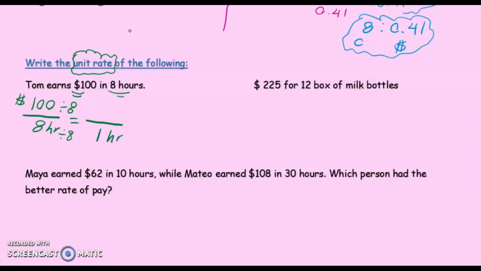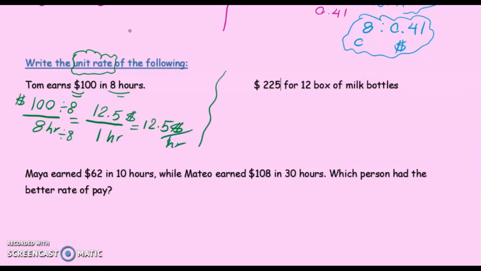And top 100 divided by 8, if you use your calculator or do it in your head, you will end up with $12.5. So therefore, the unit rate is $12.50. What's the unit? Dollar per hour.